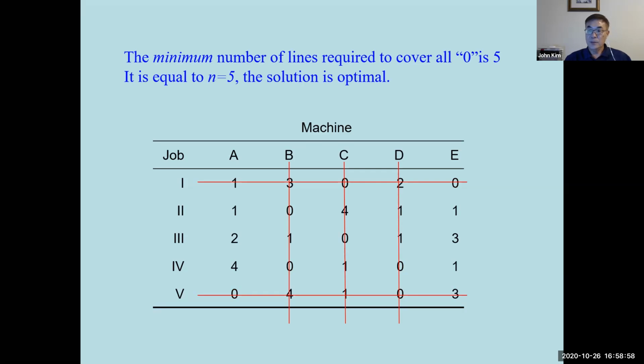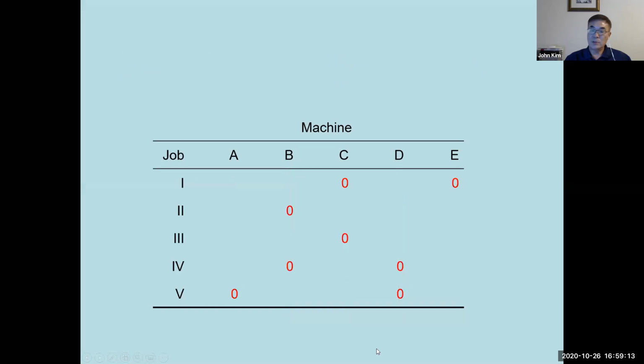So zero is on for job 1 on C and E, job 2, B, job 3, C, and so on. Then how can we assign? I will show you. Okay, for jobs 1, 2, 3, 4, 5.